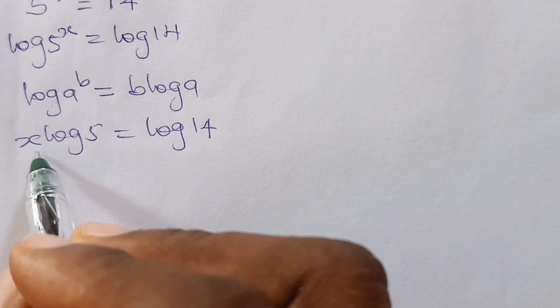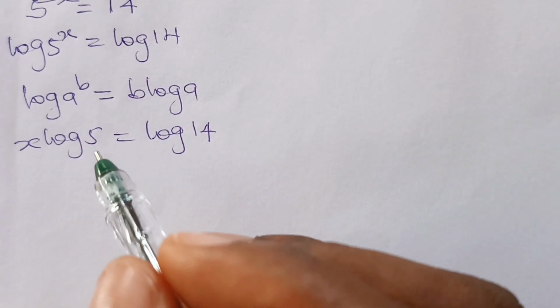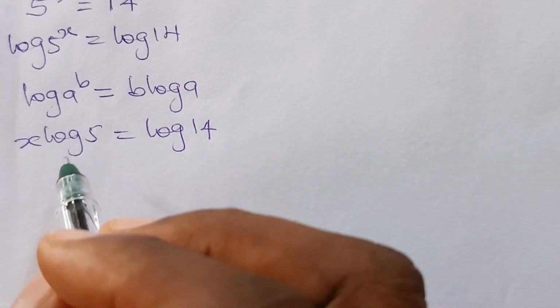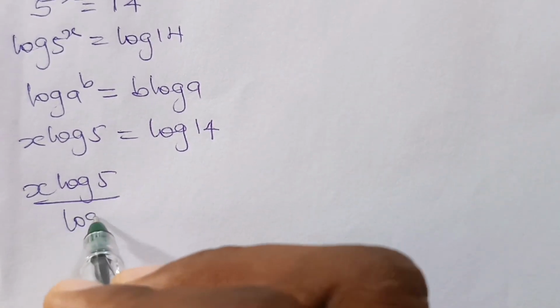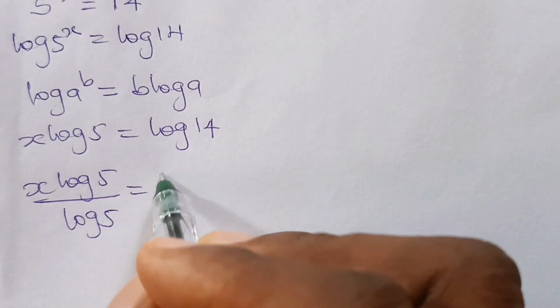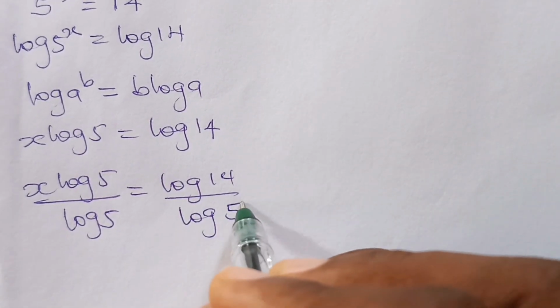Now let's divide both sides of this equation by log 5. And when we do that, we have x log 5 divided by log 5 is equal to log 14 divided by log 5.